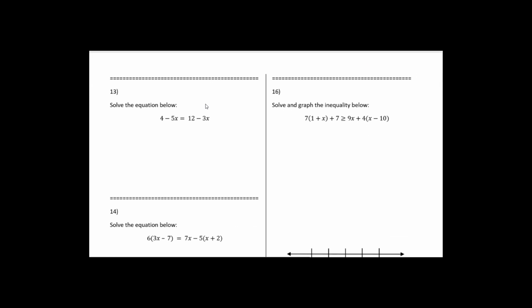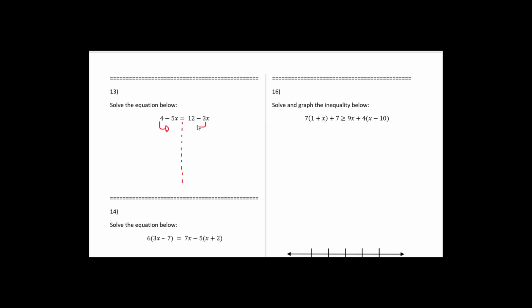Let's go on to the next problem, number 13. I'm going to put the little border right here. And first step is to eliminate parentheses, but we don't have parentheses, so we skip. Next step is to combine like terms, and right here on this side, there's nothing I can combine. So skip to step number 3, which is move the numbers. Now I can move the 4 to the other side.